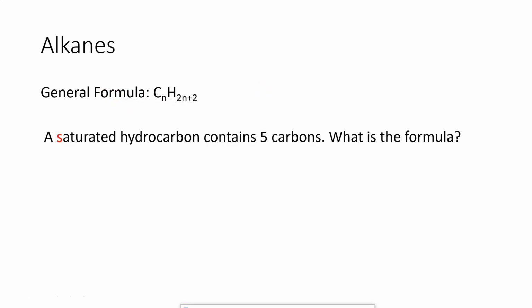So, for example, if we have a saturated hydrocarbon or an alkane that contains 5 carbons, then the formula will be C5 to represent the 5 carbons, right? And the number of hydrogens would be 2 times 5, which is 10, plus 2, right? So that would be the molecular formula of a hydrocarbon that contains 5 carbons.